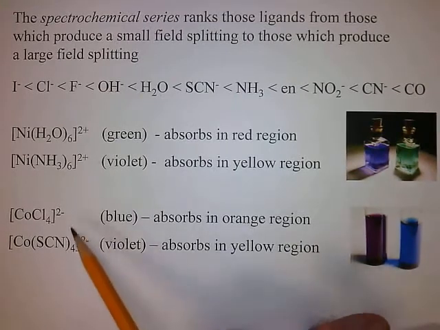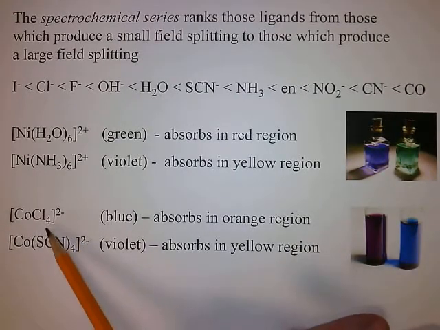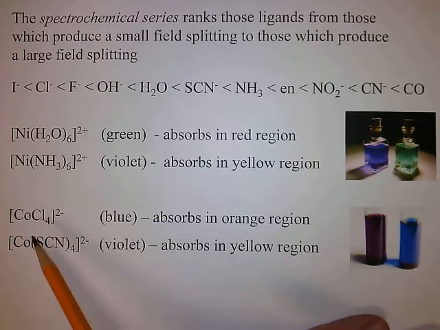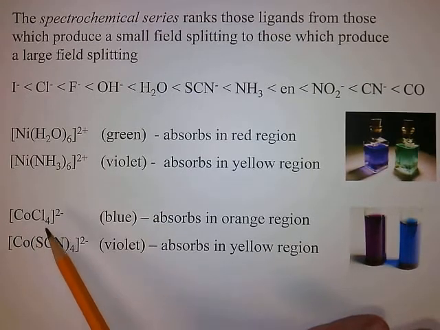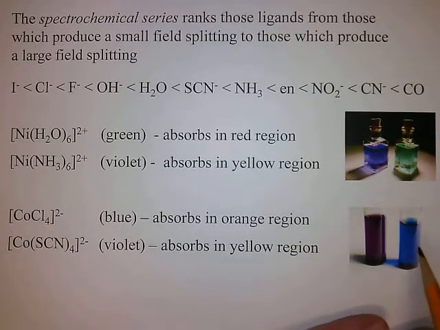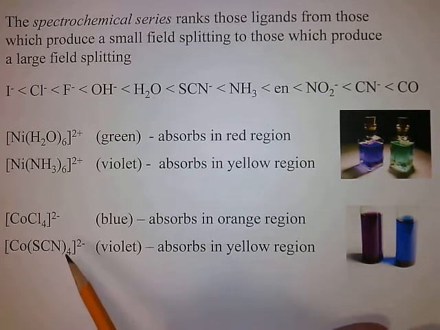We could also compare, for example, tetrachlorocobaltate versus tetrathiocyanatocobaltate. The tetrachlorocobaltate is blue, very intensely blue, which basically means it's absorbing in the orange region of the spectrum. And the tetrathiocyanato is violet, which is complementary to yellow, meaning it's absorbing in the yellow.